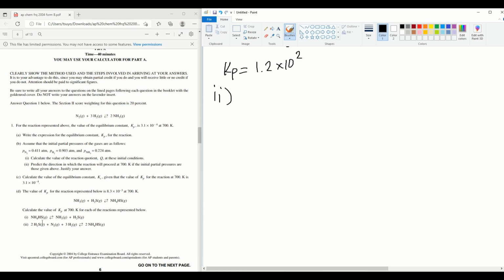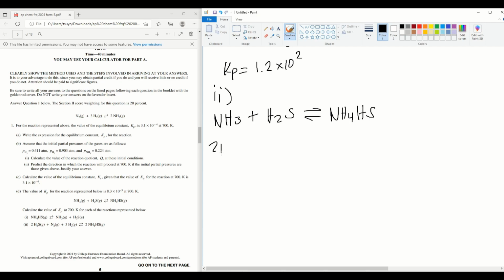Because we look at this bottom one, we see 2 H2S and 2 NH4HS. So just looking at this, we already know we have to multiply this reaction by a factor of 2. So we're going to get our original reaction. We're just going to rewrite it, just for clarity.